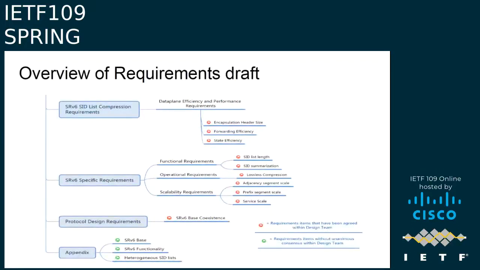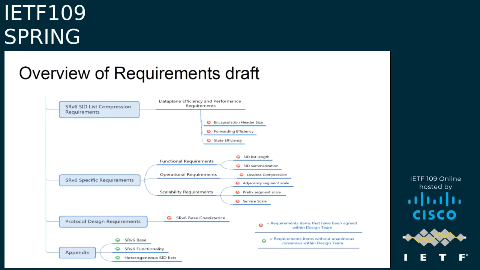So here's the overview of the requirement draft. There are 3 aspects of the requirements: SRv6 SID list compression requirements, the SRv6 specific requirements, and the protocol design requirements, as well as an appendix which includes some requirement items without unanimous consensus within the design team.